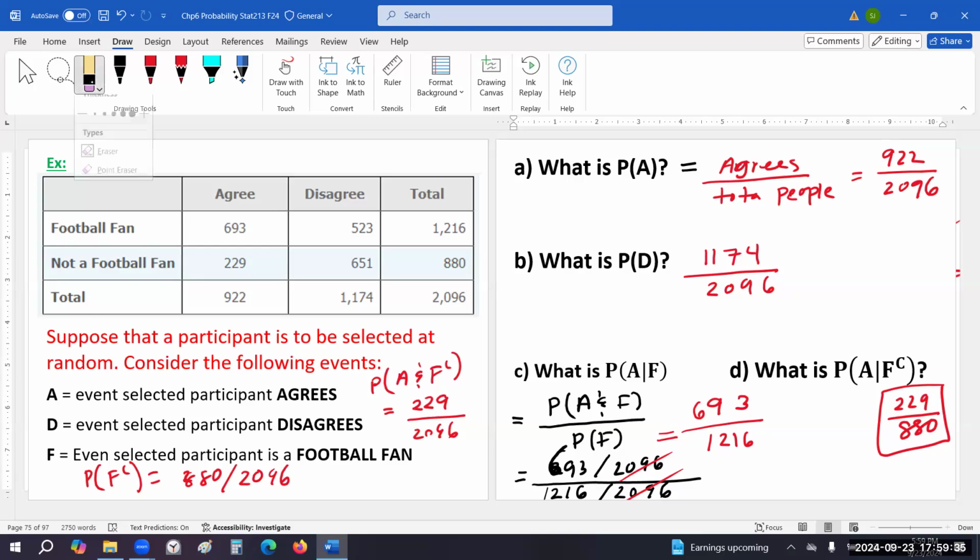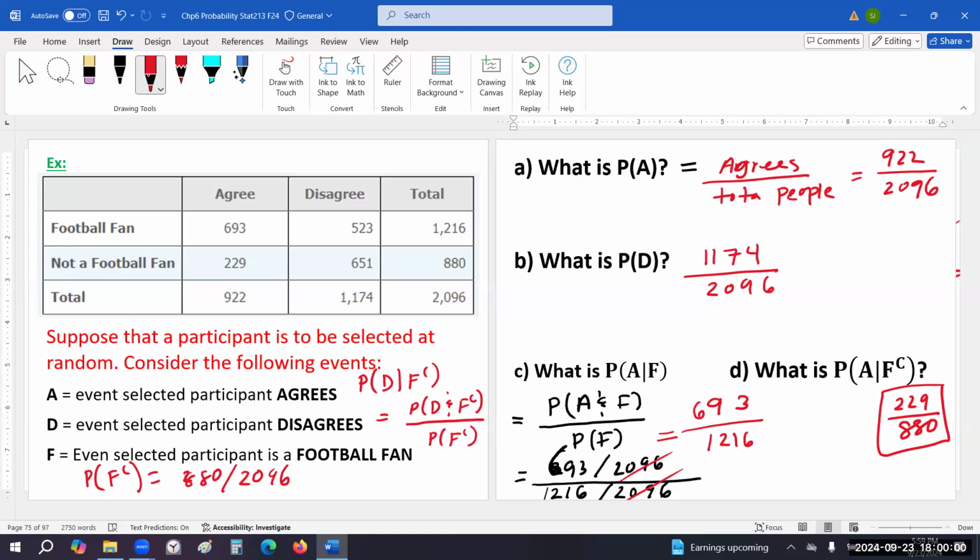Sure. So, disagree on what? Football fan or not football fan? Okay. So you want to find the probability of being disagree, but not a football fan. So it means probability of disagree and not football fan divided by probability of not football fan.